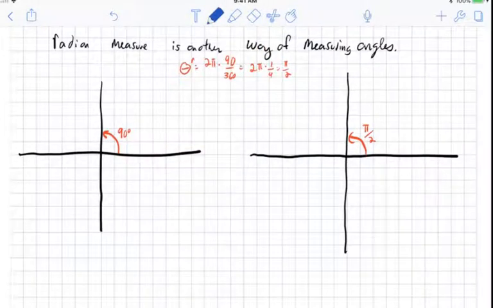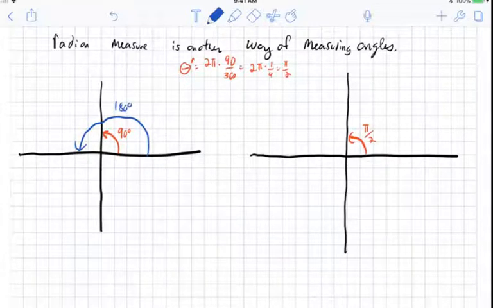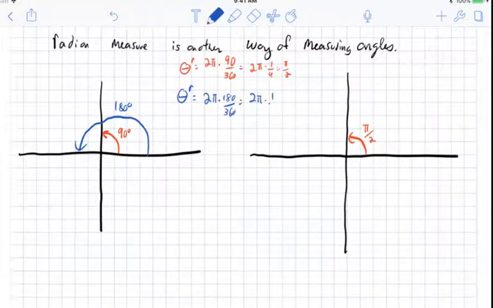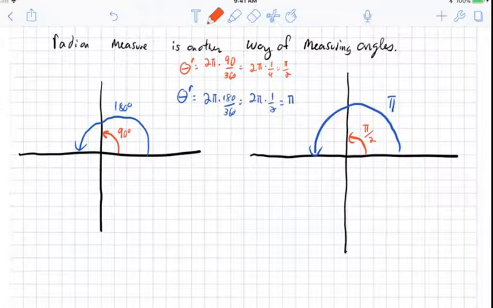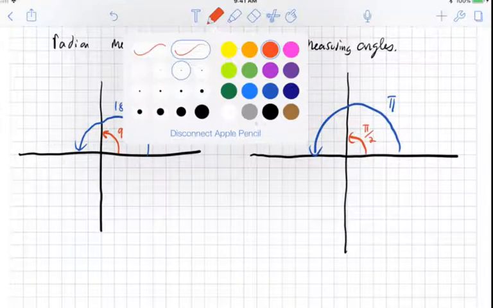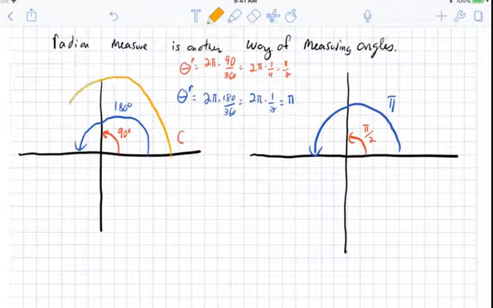Now let's consider an angle halfway around. This is an angle of 180 degrees. Its value in radian measure is 2 pi times 180 over 360. So it's 2 pi times 1/2, so it's pi. In radian measure, halfway around the circle is given by an angle pi. Let's go all the way around the circle.